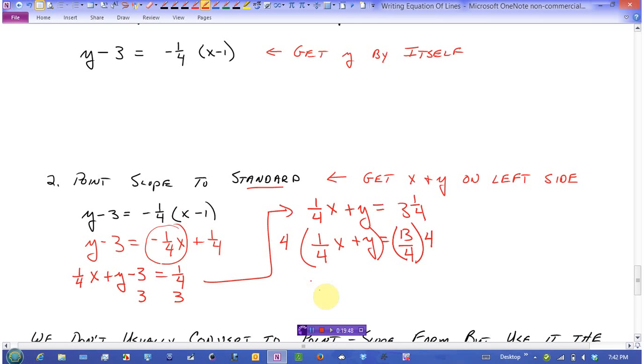So that's just going to be x. The 4 distributes to that y, giving me plus 4y. And on the other side, those 4's will cancel, giving me 13. And so what I have is the equation now converted to standard form.